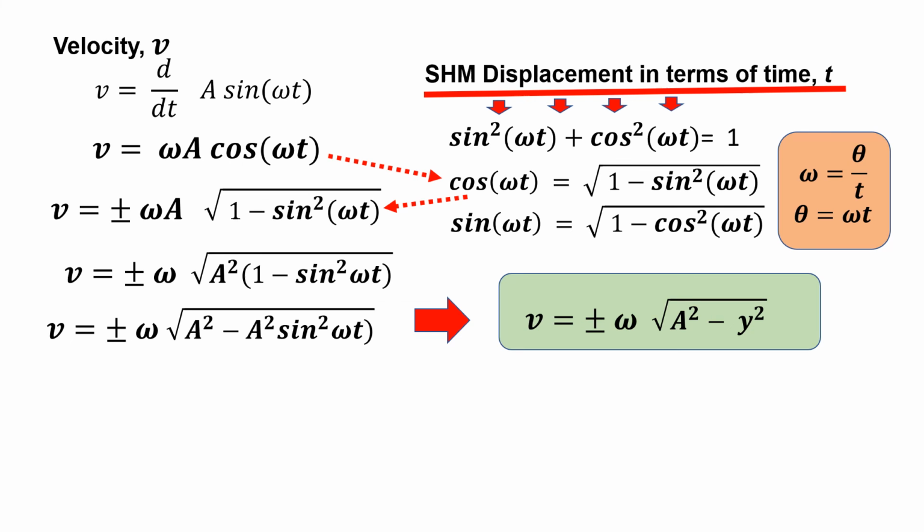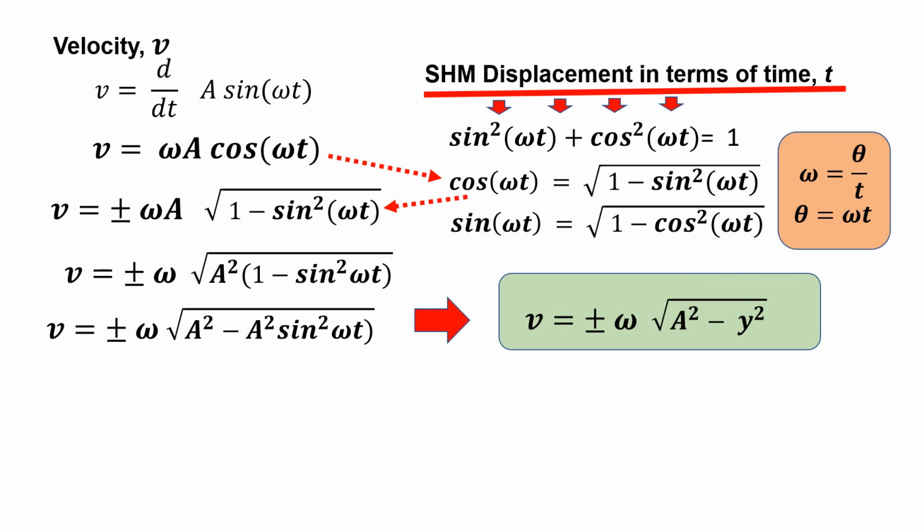Okay, from the equation v is equal to plus minus omega square root A square minus A square sin square omega t, kita telah dapat v is equal to plus minus omega square root A square minus y square.